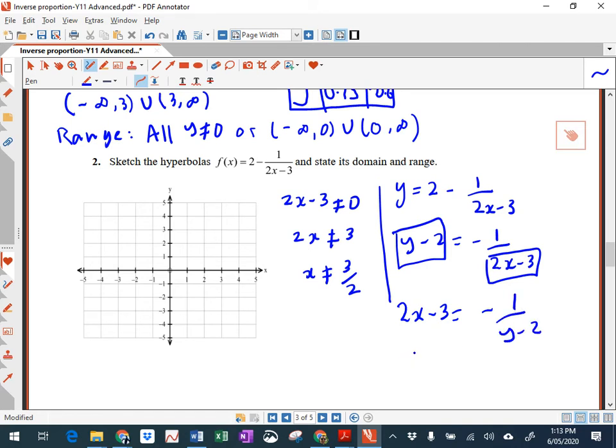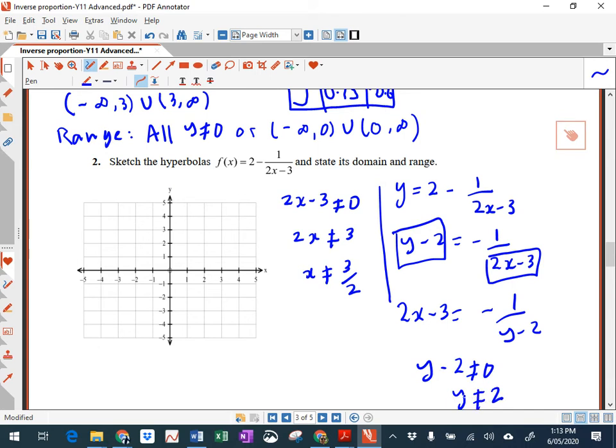You could make x the subject there, but it would be a bit more complicated, and I've got no room to make the steps. But from there, you can see straight away that you can't have a 0 denominator. So y minus 2 is not equal to 0, so y is not equal to 2.